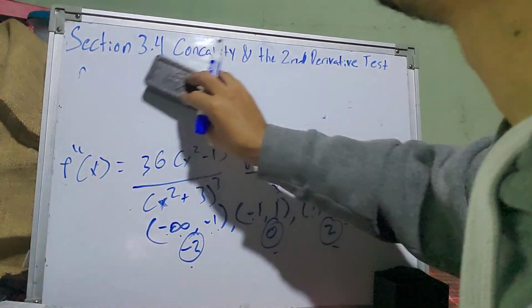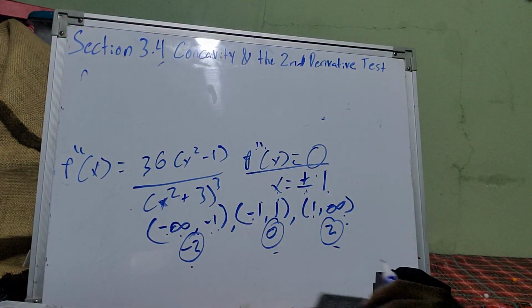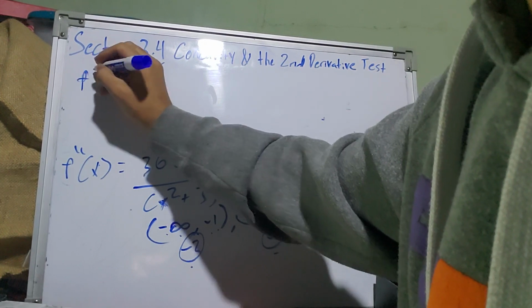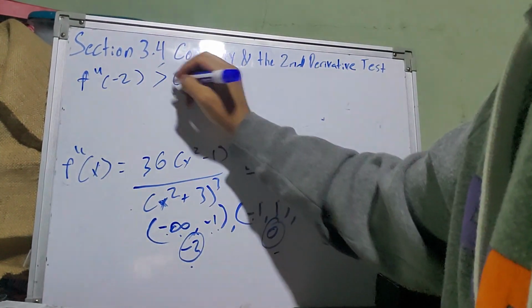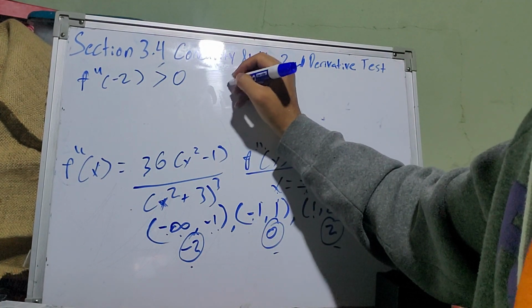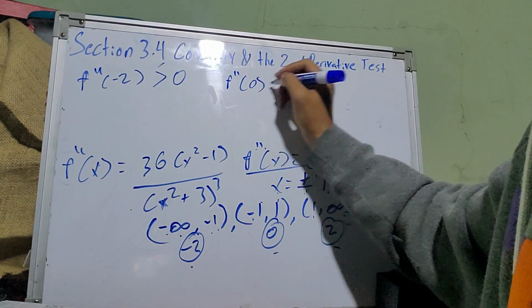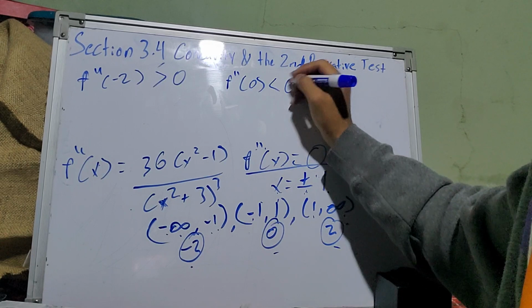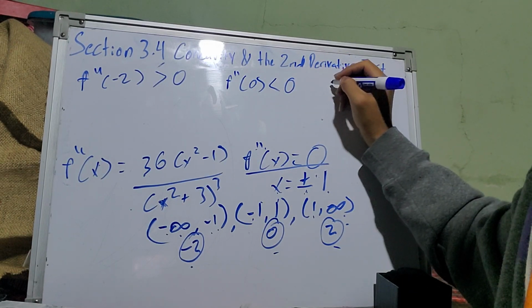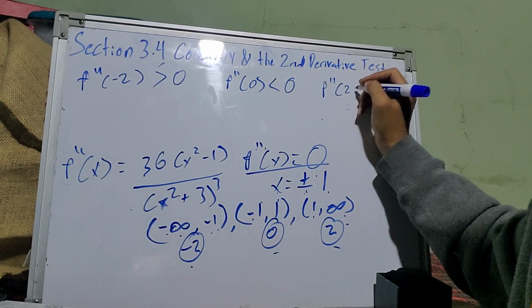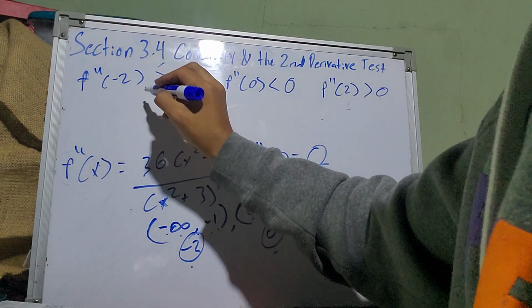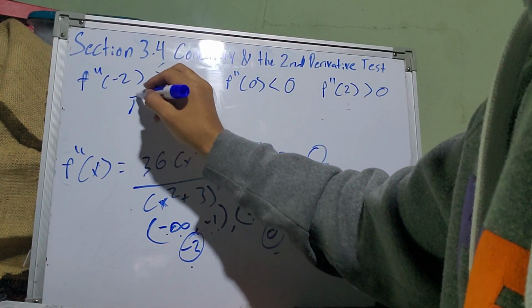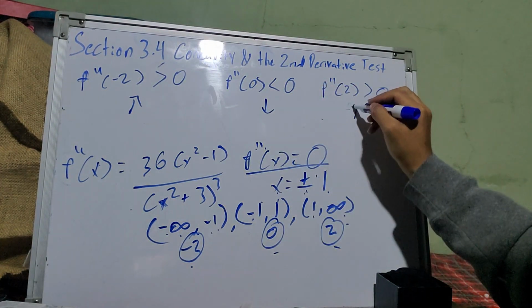This test will determine that f double prime of negative 2 is going to be greater than 0, f double prime of 0 is going to be less than 0, and f double prime of 2 is going to be greater than 0. So this will prove that this is concave upward, downward, and upward.